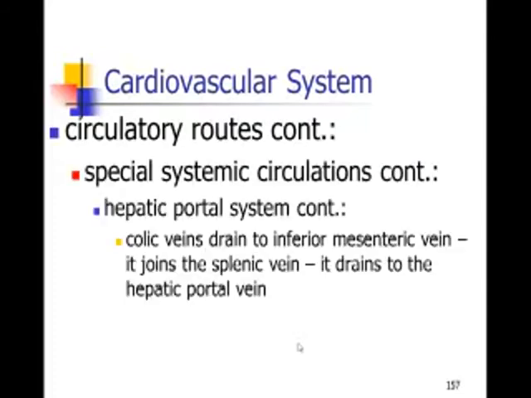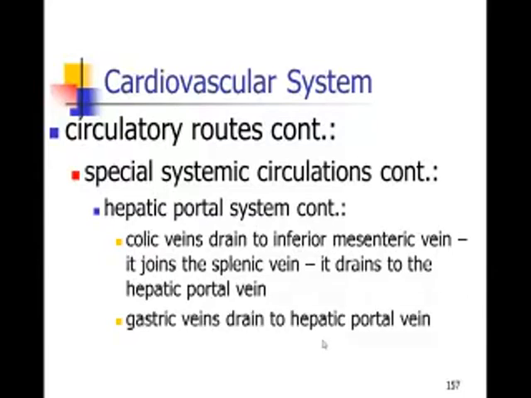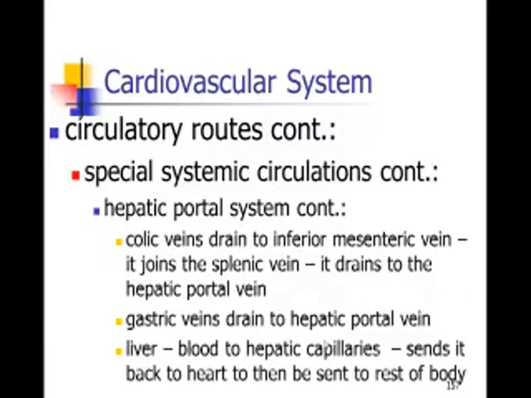In addition, we have colic veins draining into the inferior mesenteric vein. The inferior mesenteric vein joins the splenic, and that trunk from those two areas drains into the hepatic portal. Gastric veins go directly to the hepatic portal vein, and then the hepatic portal vein carries blood to the liver.